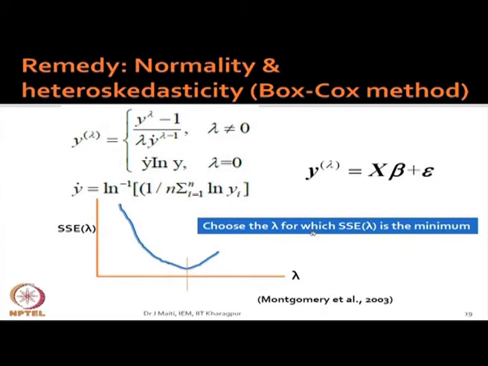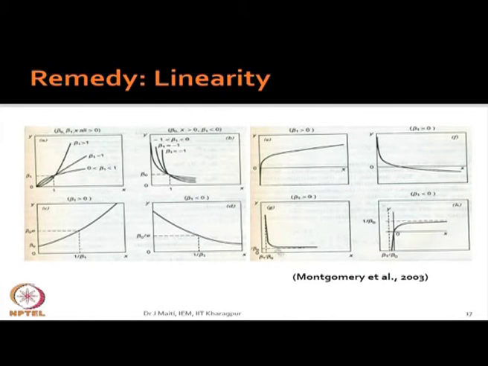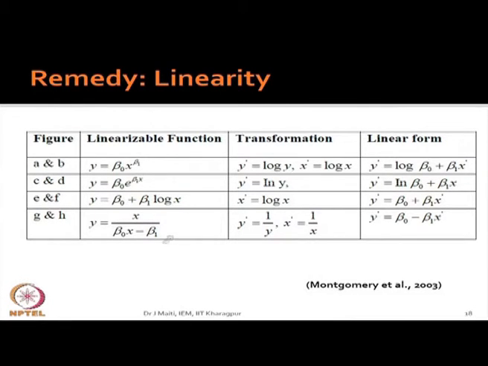For the last part, y goes very low after some values, initially low, then again constant values here also. Then your transformation function is y equal to x by beta 0 x minus beta 1, and 1 by y and 1 by x.